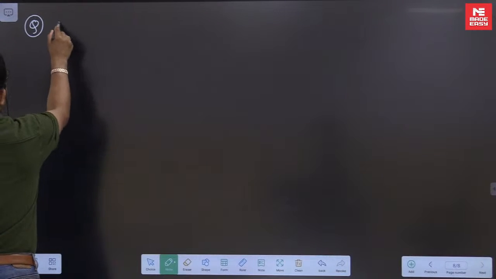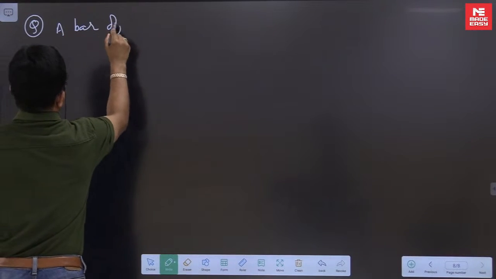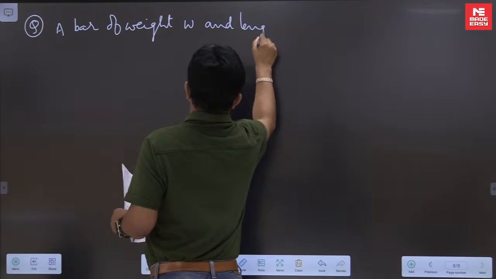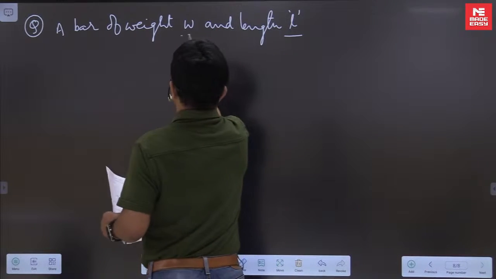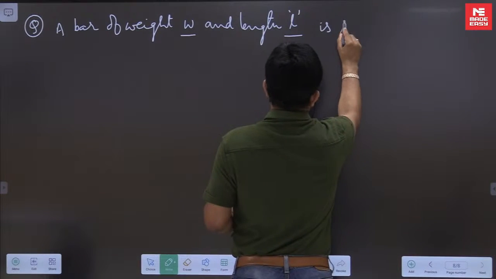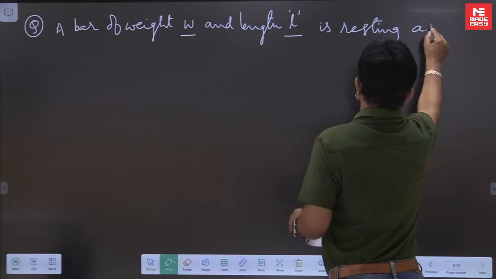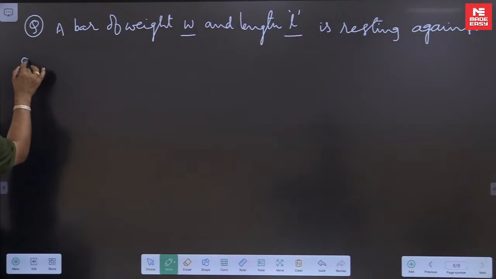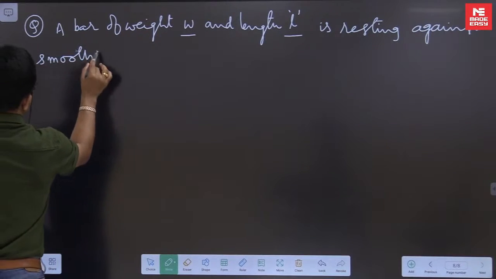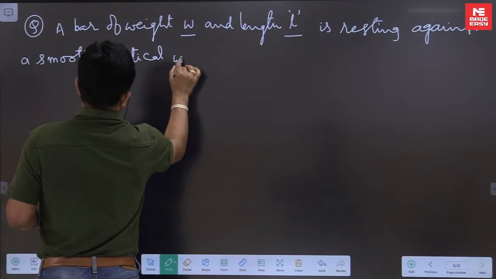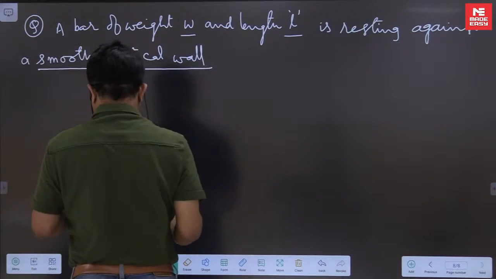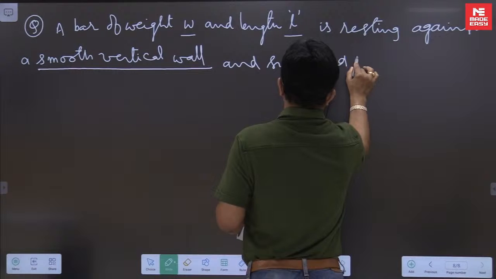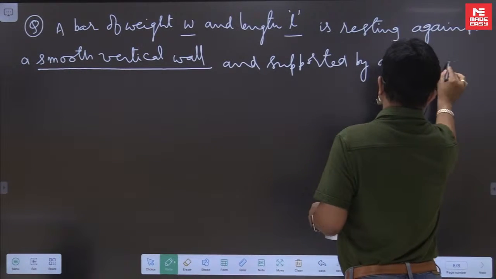A bar of weight W and length L is resting against a smooth vertical wall and supported by a cable.